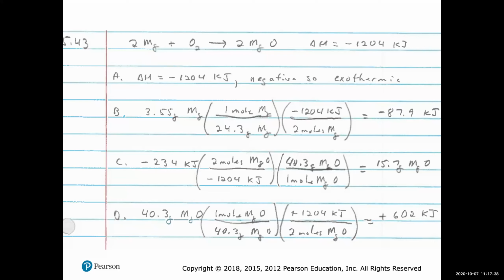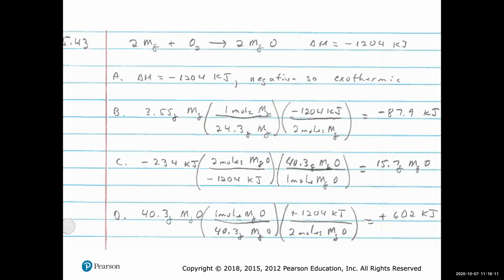So I have to associate 2 moles of magnesium with that minus 1204 kilojoules. To change moles of magnesium to kilojoules, I need the kilojoules over 2 moles of magnesium, so the moles of magnesium cancel out, and my final units are kilojoules. If I do that math, I get minus 87.9 kilojoules.